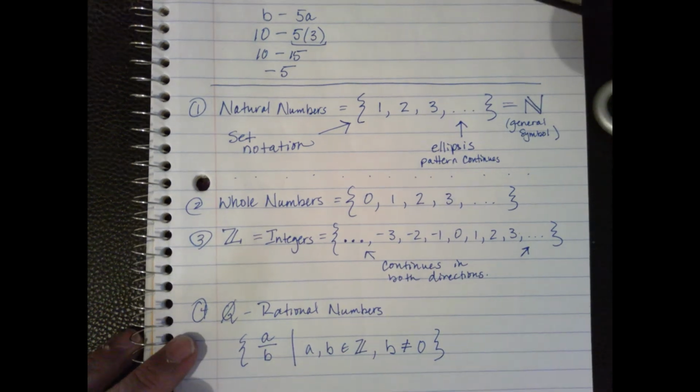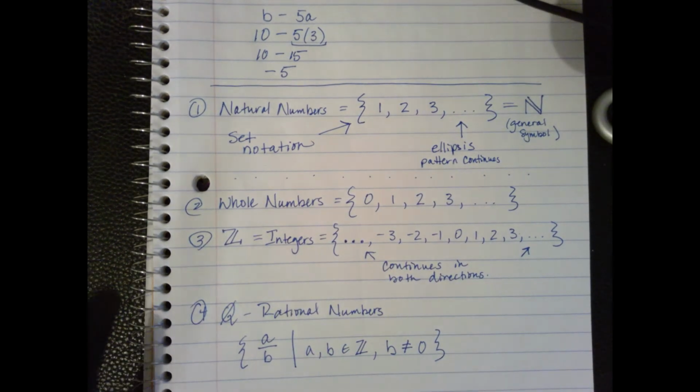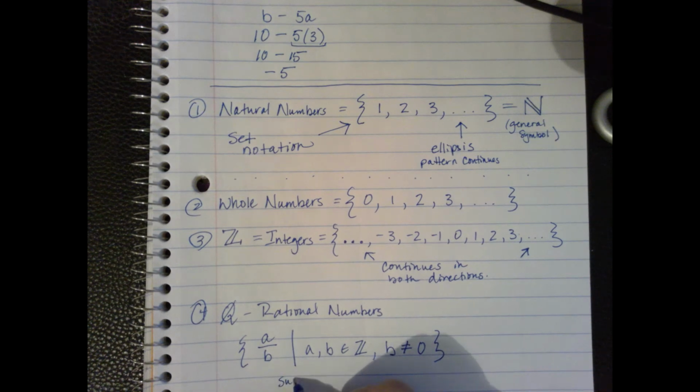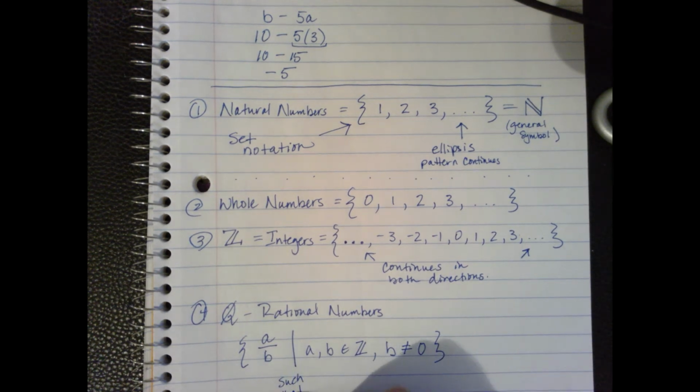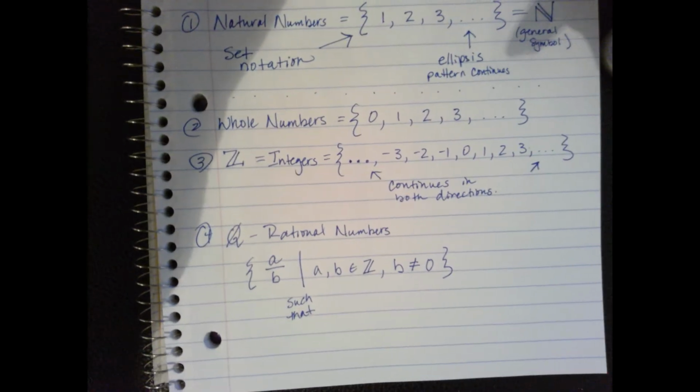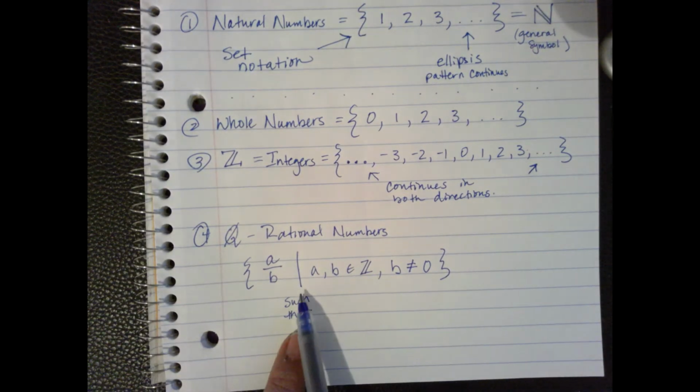Okay. So reading this, we say a rational number has the form A over B such that, this vertical line right here. Excuse me, sorry about the camera. Such that is the vertical line.